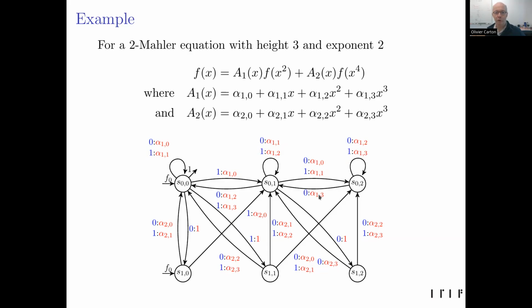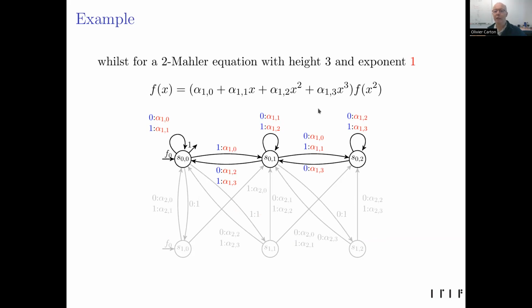So that was for an equation of degree 3 and exponent 2. If we move to an equation with only exponent 1, which means that we have only A1 and A2 is 0, then we only need one line of the automaton, and everything gray is not useful anymore, because the coefficients that we use have become 0.